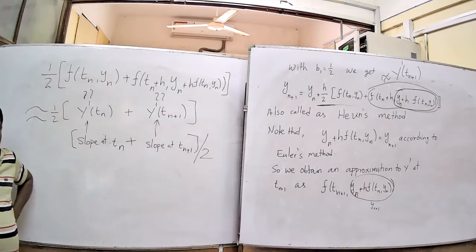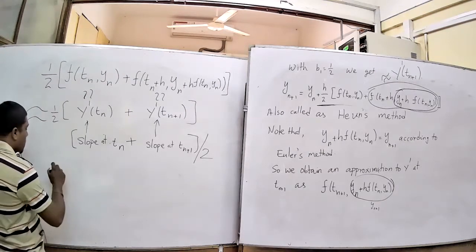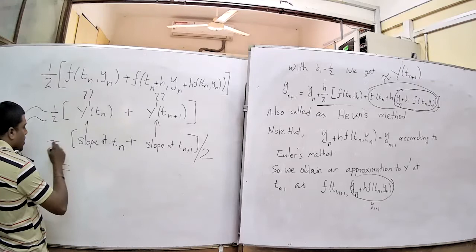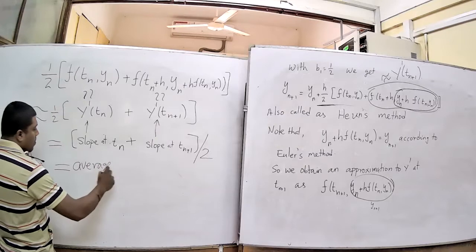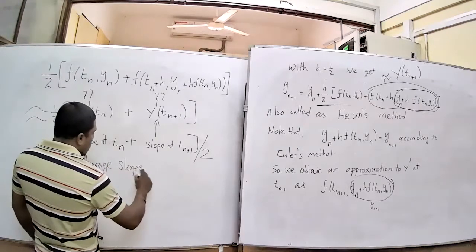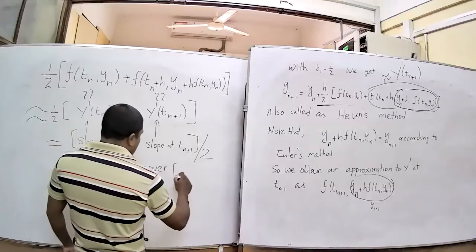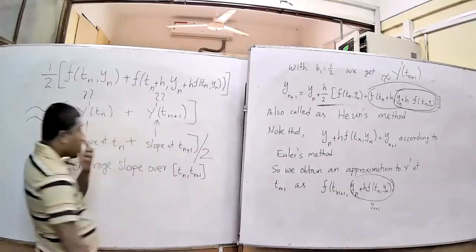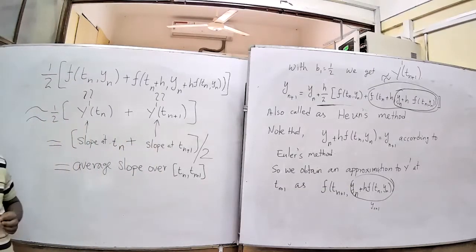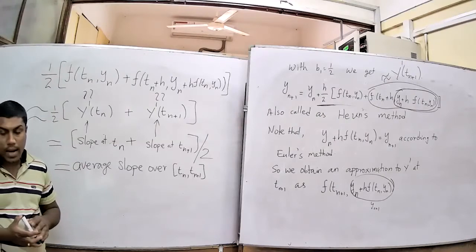So that is the average slope over Tn and Tn plus 1.